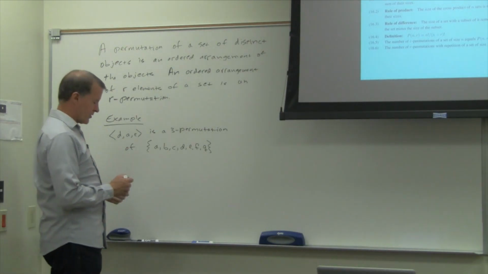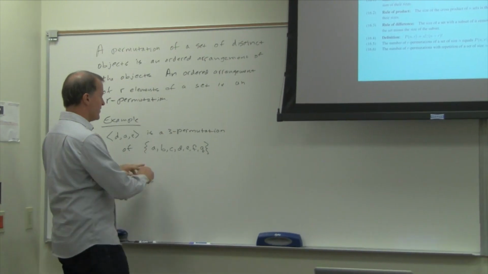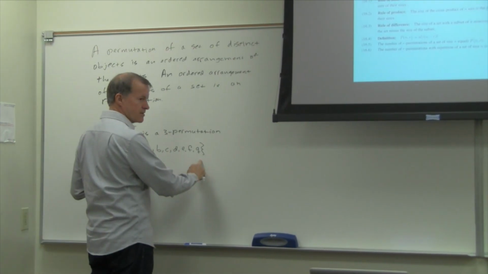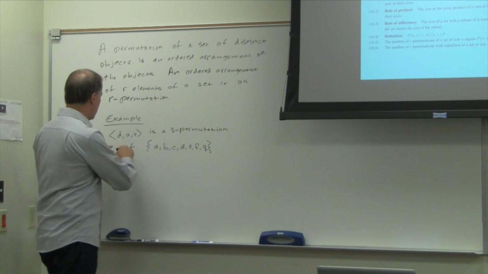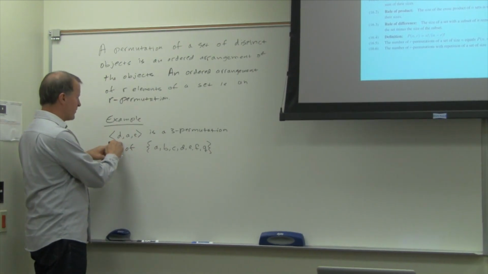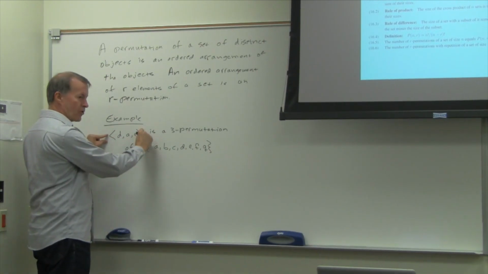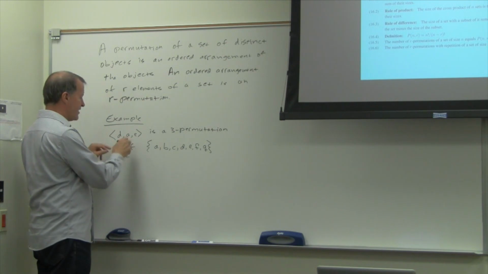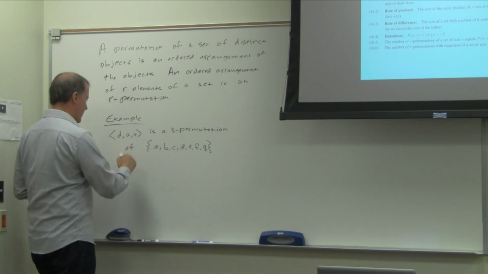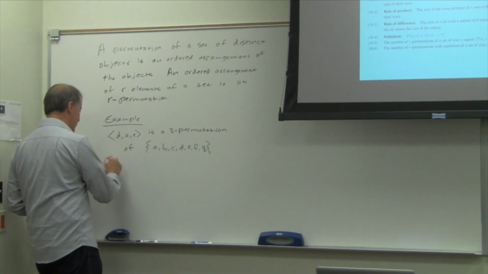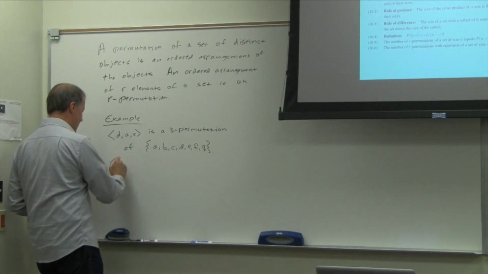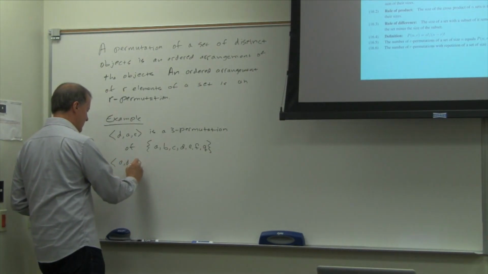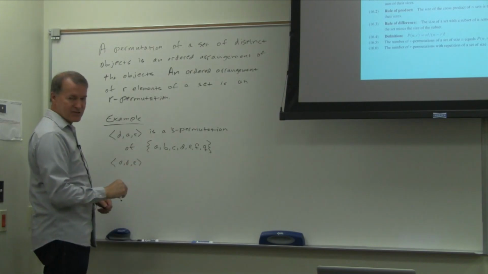So here's the question. Given this set of objects, this is one 3 permutation, DAE. Now because this is ordered, you understand that ADE is a different 3 permutation, right?